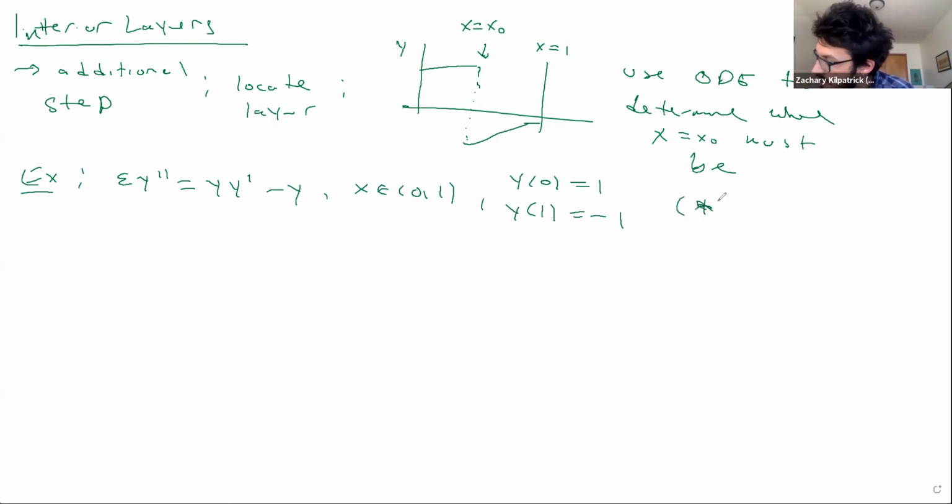We call this boundary value problem star. And so if we want to determine where the inner layer is, we essentially reasoned out that it can't be on the left, okay?